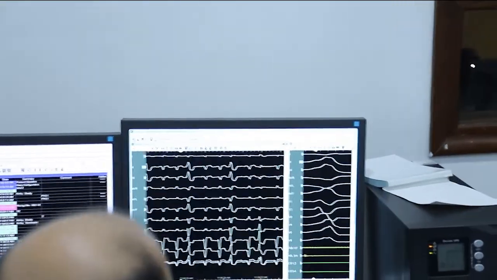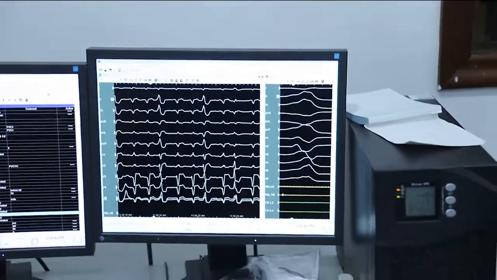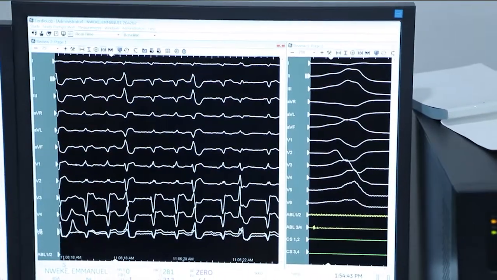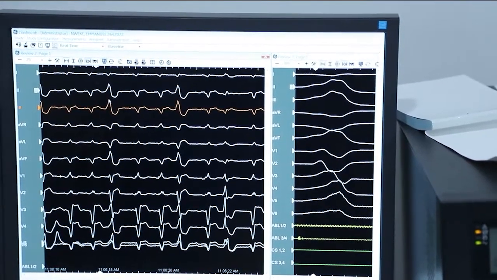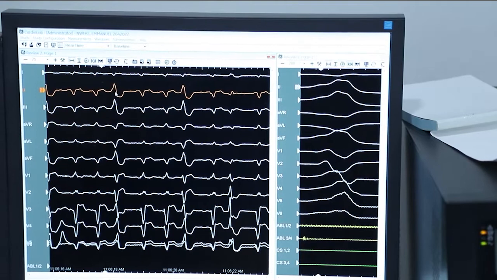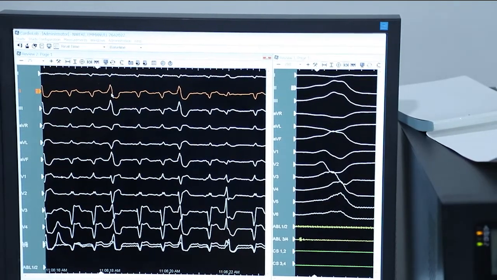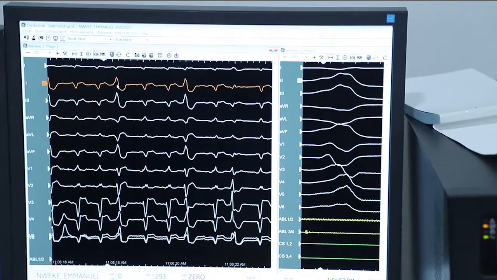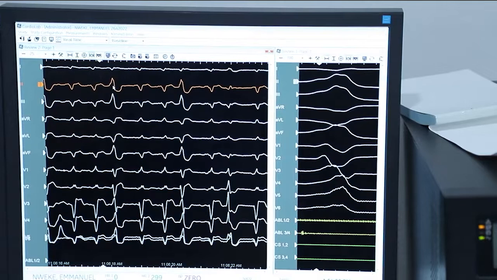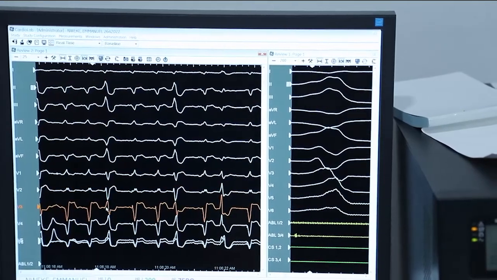This is the original PVCs before ablation. As we can see, it is an inferior axis, being leads 2, 3, aVF positive. Also, it has a transition at V3 with negative in lead 1.